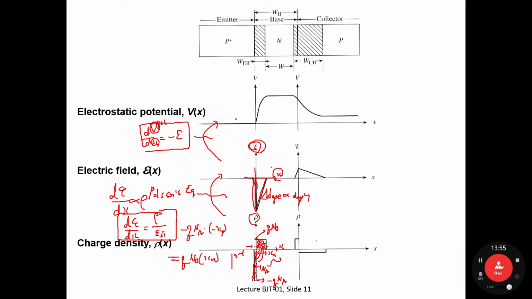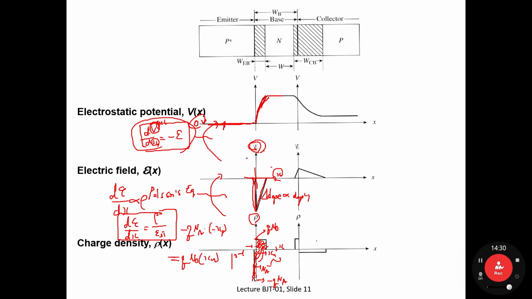But since the potential value should be defined in a certain way, usually the quasi-neutral region of the emitter is defined as the reference voltage, so 0 volt is defined here, so that this potential difference can be defined once your reference voltage is defined on the emitter side. And then using this first order differentiation, you can simply estimate all the equations for this.